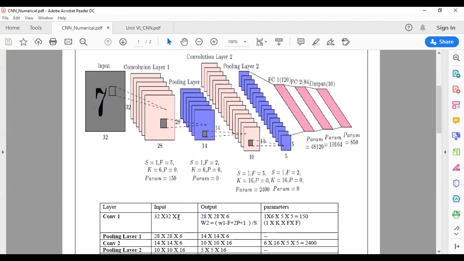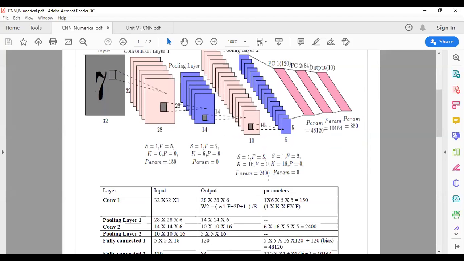So please mark it. Input, it was 1. Output, here the depth is 6. Again here the input, this acts as an input to the pooling layer. So input is 6. Output depth is 6. I'm doing it on purpose so that you understand the way I'm calculating the parameters.